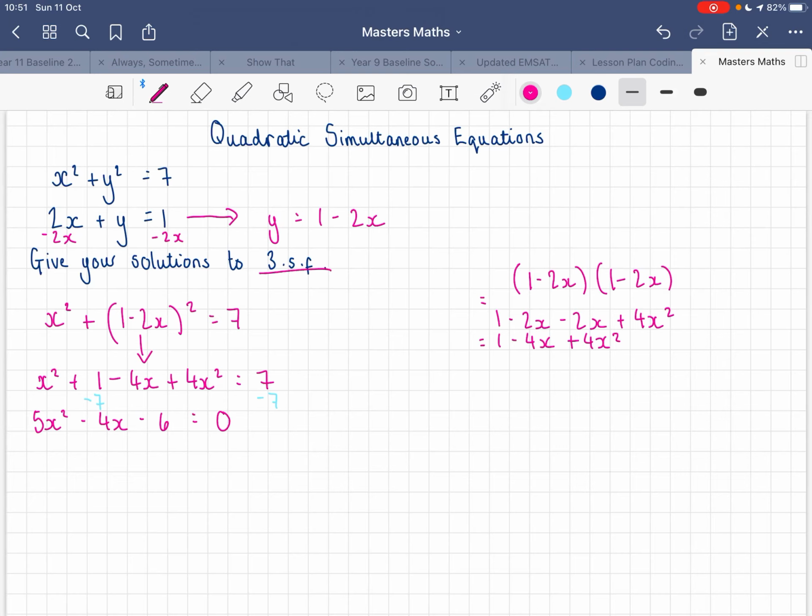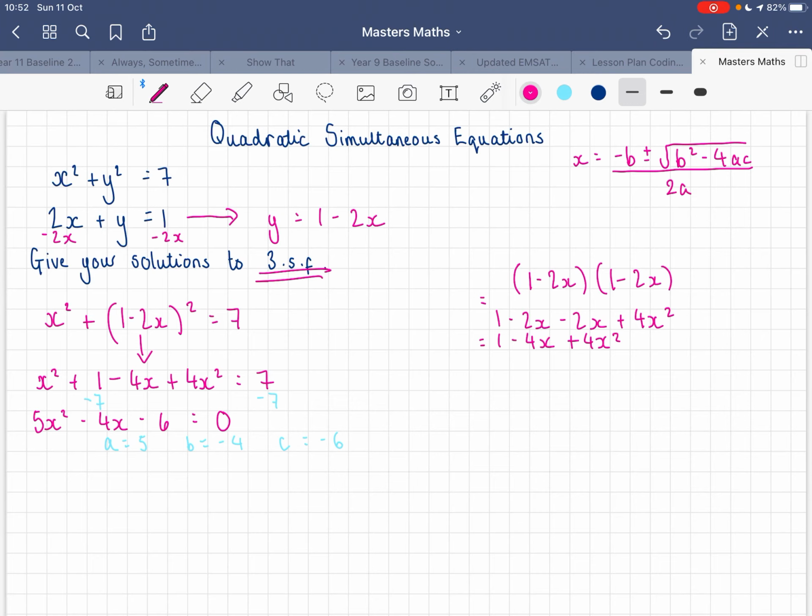I know it's not going to factorize because my question says to give it to 3 significant figures, so I'm going to use the quadratic formula. A is 5, B is negative 4, and C is negative 6. So I'm going to put that into the formula. Remember, the formula is, if I write it up here, x equals minus b plus or minus the square root of b squared minus 4ac, and then it's all divided by 2a.